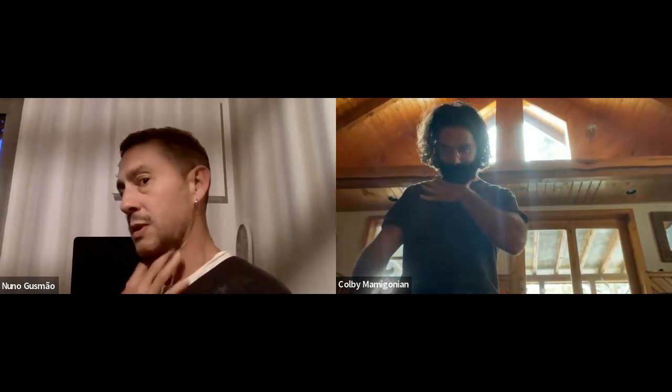Here I'm not contracting the sternocleidomastoid or anything. It's a deep pressure. Yeah, I've been playing around with this one and then turning and doing it at an angle, and this has really helped.